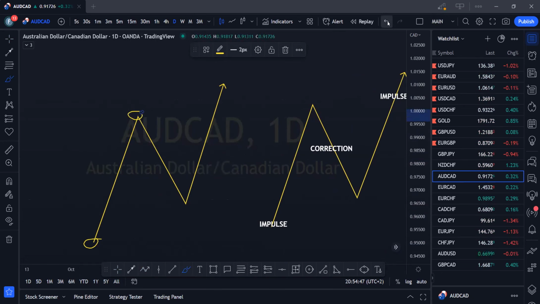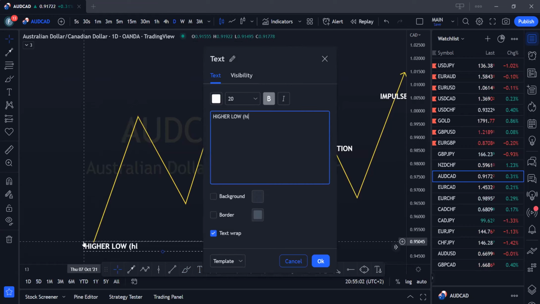So this starting point for an uptrend is called a higher low, or just say HL, higher low, right?